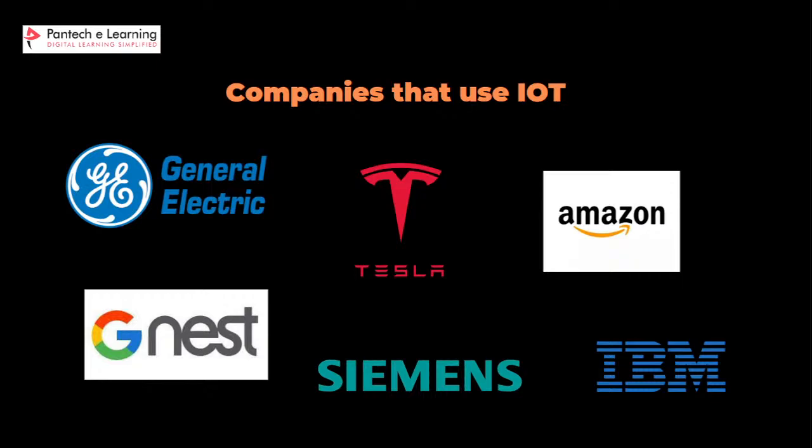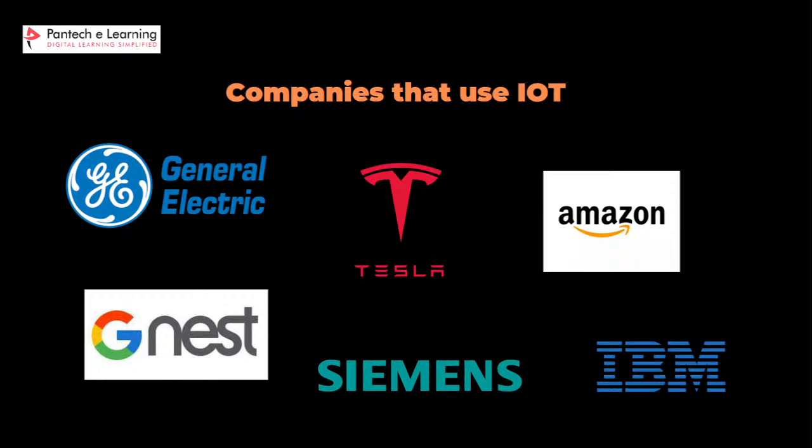And coming to GE, General Electric, it uses IoT to monitor and analyze data from industrial equipment, such as jet engines and wind turbines to optimize performance and reduce maintenance cost. And coming to Tesla, it uses IoT in its electric vehicles to collect data on performance and driving habits, which is used to improve vehicle design and software.